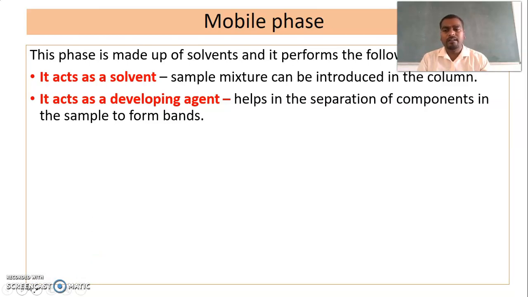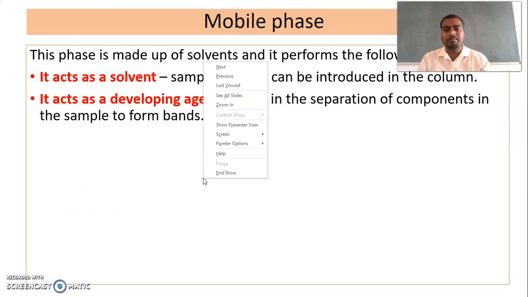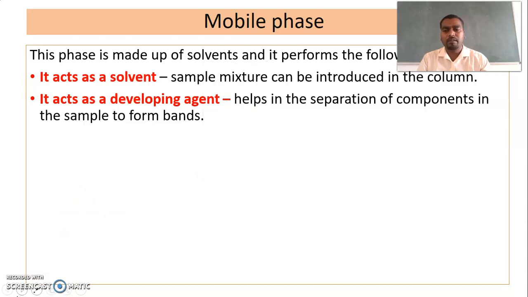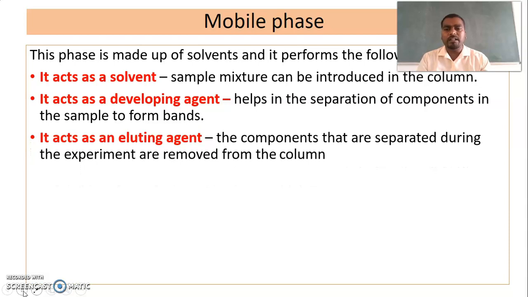And it also acts as an eluting agent. That is, once the compounds get separated, the separated analytes in the chromatographic column are extracted individually. The process of extraction of these analytes from the column by continuous running of solvent or mobile phase is called elution.